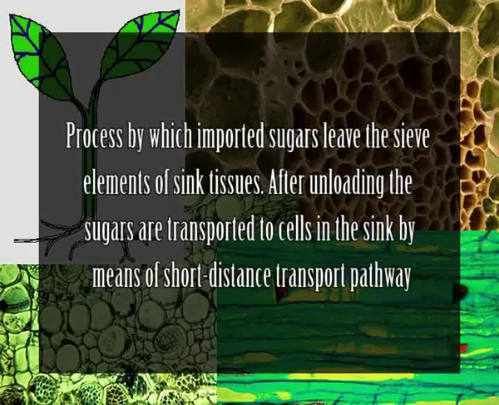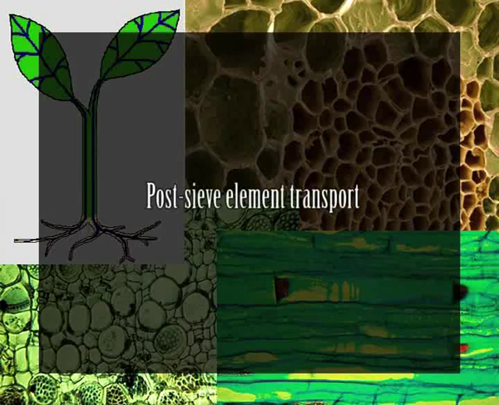After unloading, the sugars are transported to cells in the sink by means of a short-distance transport pathway. This pathway is also called post-sieve element transport. The final step is their storage or metabolism in the sink cells.